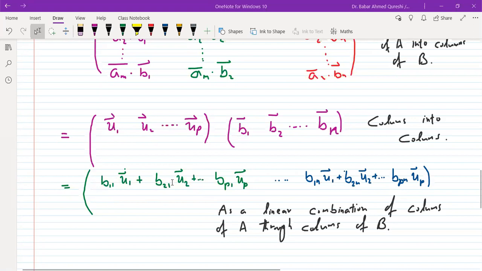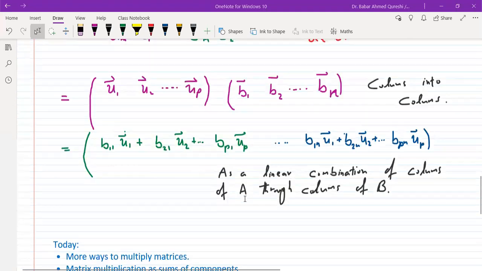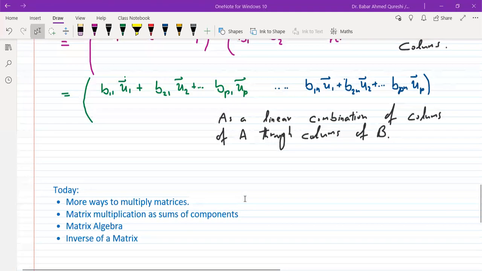Then take the second column in your second matrix B and, using these components, make the linear combination. All the way until you reach the last column, you take its components and again make a linear combination. And once you write it out, you will have your matrix multiplication.